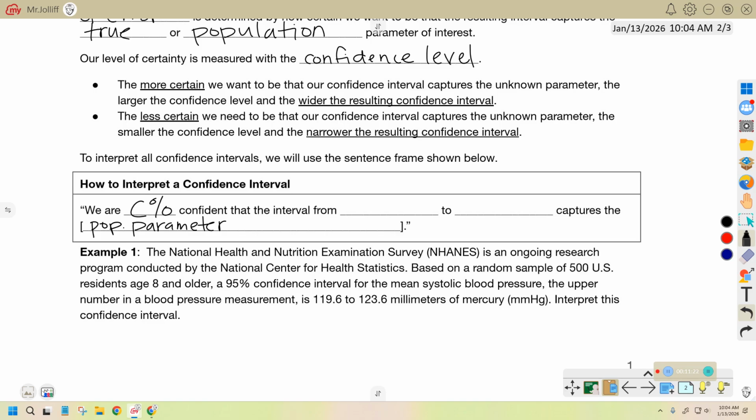And you may notice that there's extra room on that line, because you are not just going to write that we are 95% confident that the interval from 5 to 10 captures the true population proportion. You need to write what that population parameter is in context.